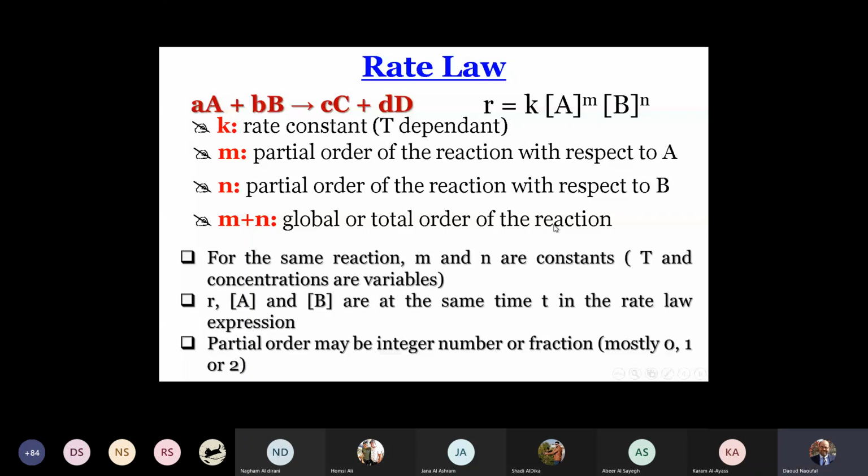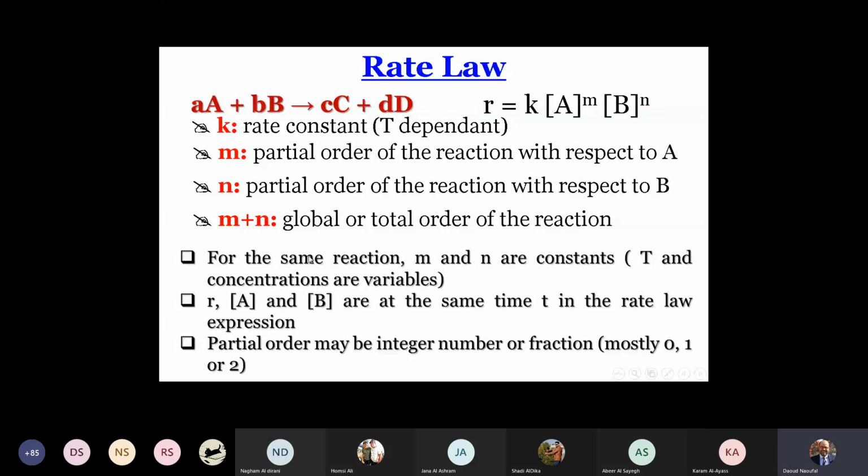The objective of this part: I will give you a reaction and ask you to find the rate law expression. In other words, find what K is for this reaction and what the partial orders m and n are, and you can deduce the global order of the reaction, m plus n.